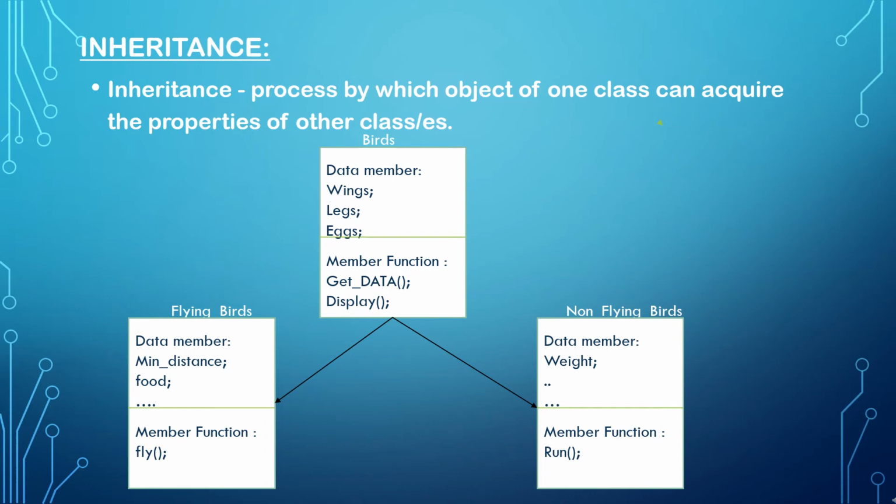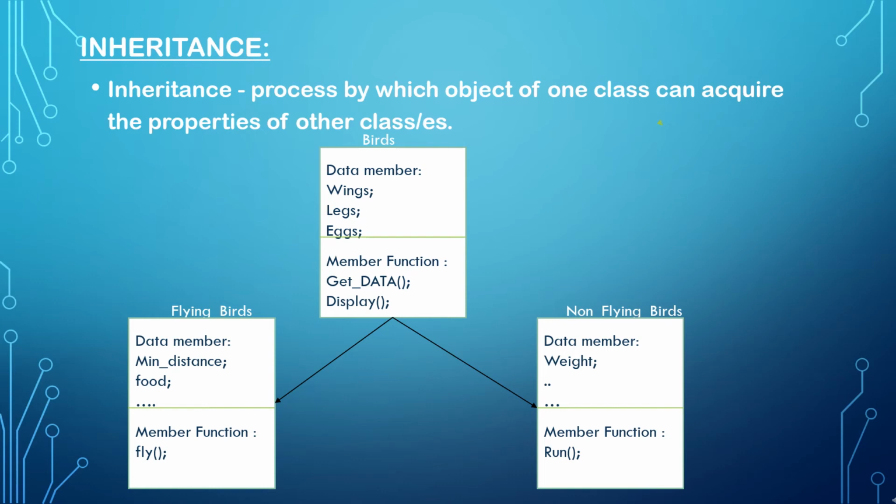See the example in the class birds. Birds is a parent class. In the parent class, they have some data members and member functions. So we can create another class, that is a subclass. In that class, we will have flying birds and non-flying birds.